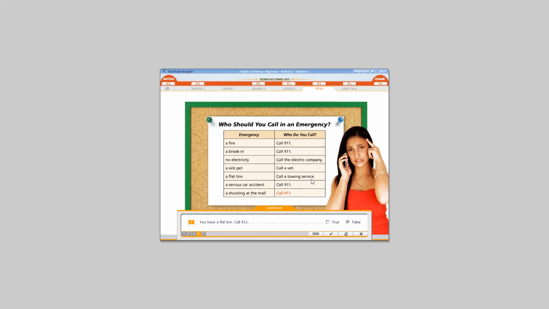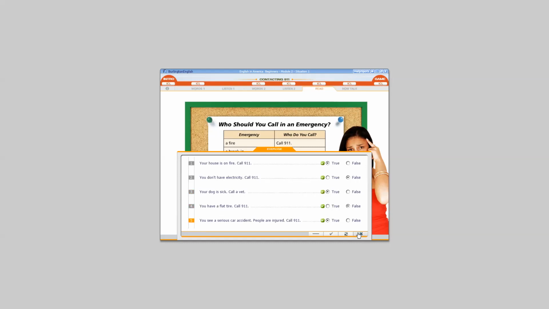You call a towing service. And then number 5, you see a serious car accident. People are injured. You call 911. True or false? That is true. Let's check them. Correct. Now let's look at now talk.